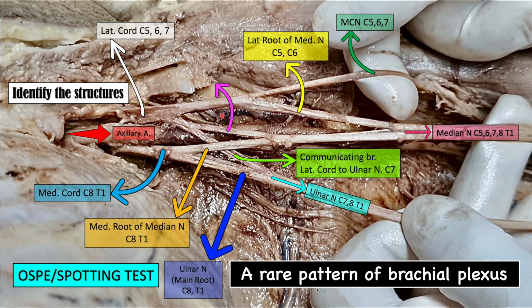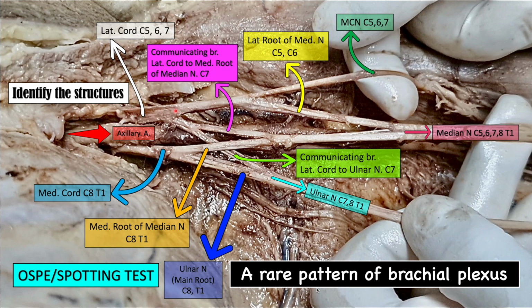This. Which nerve is this? See its communication so that you can guess which nerve this is. It's a communicating branch from the lateral cord to the medial root of the median nerve.